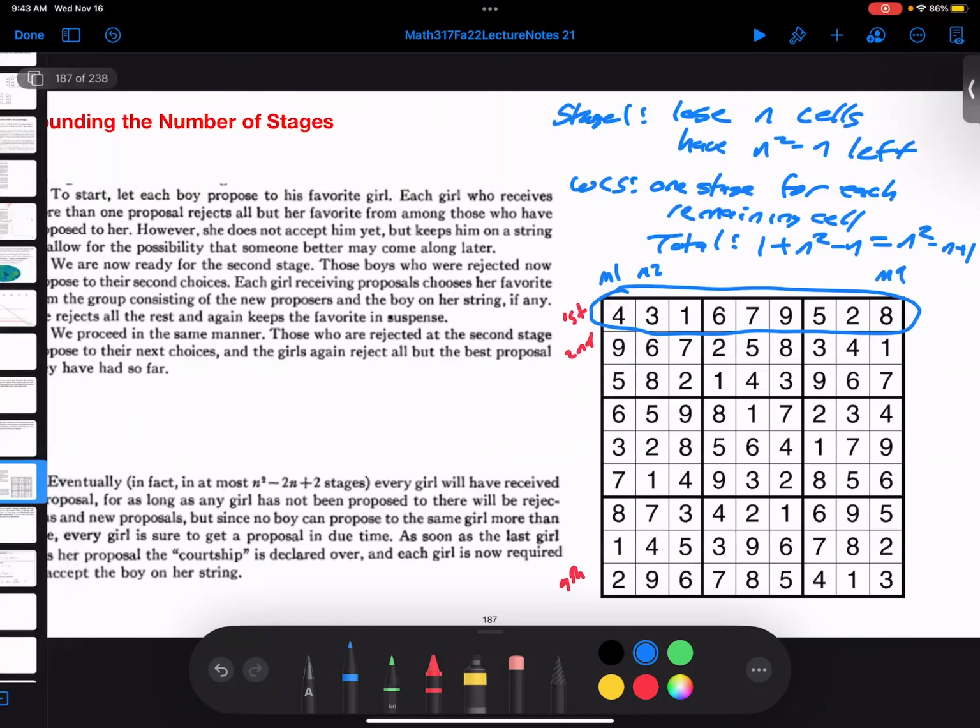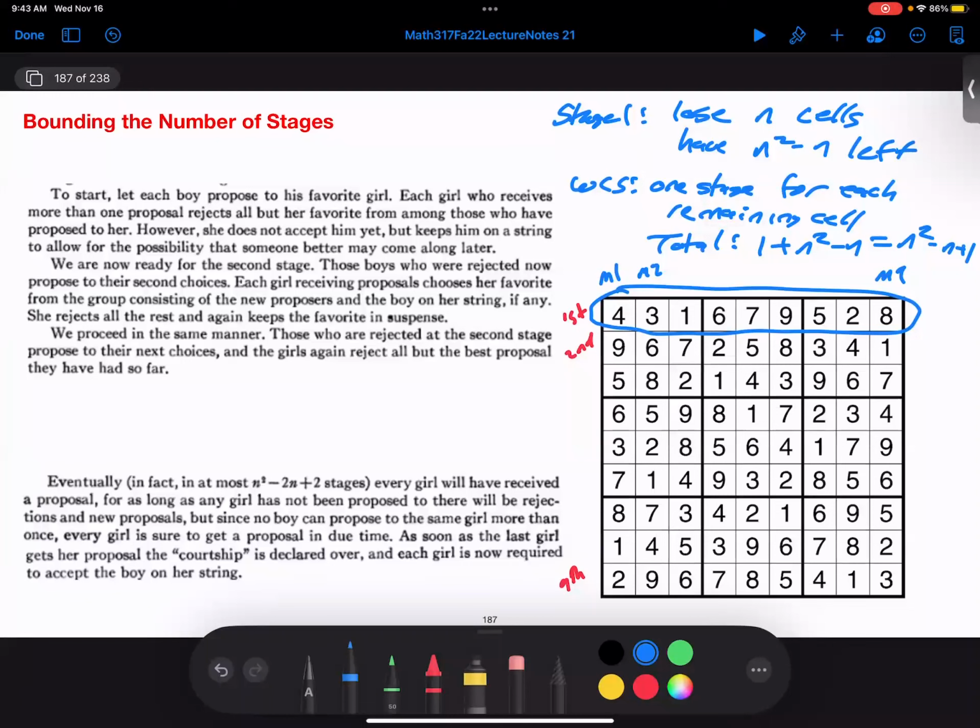Okay, so we've talked about how it's going to terminate in at most n squared minus n plus 1 stages. So we know that we're going to have a matching because everyone is going to eventually get a proposal. If there's not a proposal to some woman, then there has to be a rejected man who will keep proposing, and eventually he will hit that woman.